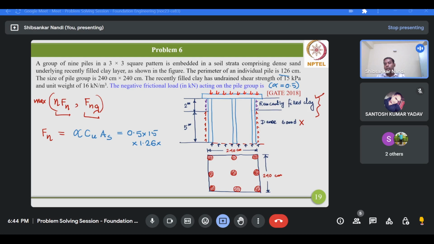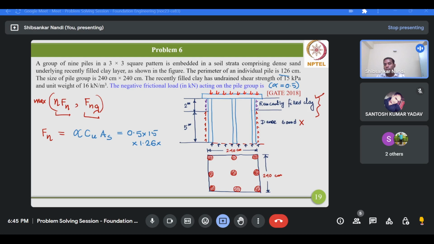So when friction is acting in the upward direction, it's considered to be positive because it's contributing to the resistance. So this is the externally applied vertical load on the pile top. For that, you will be having mobilized friction resistance and mobilized point bearing resistance. So that will give you the resistance of the pile.